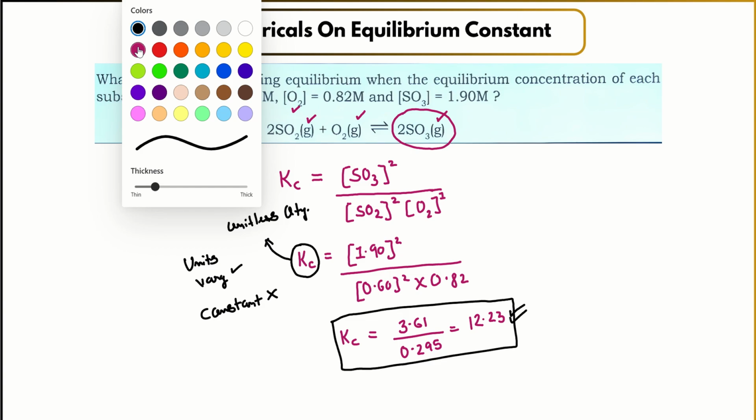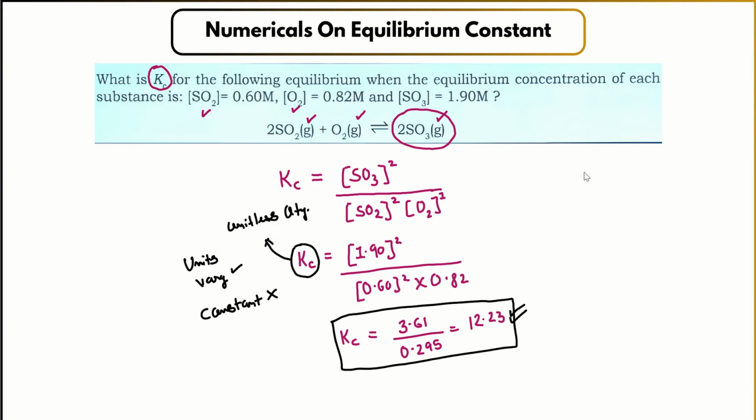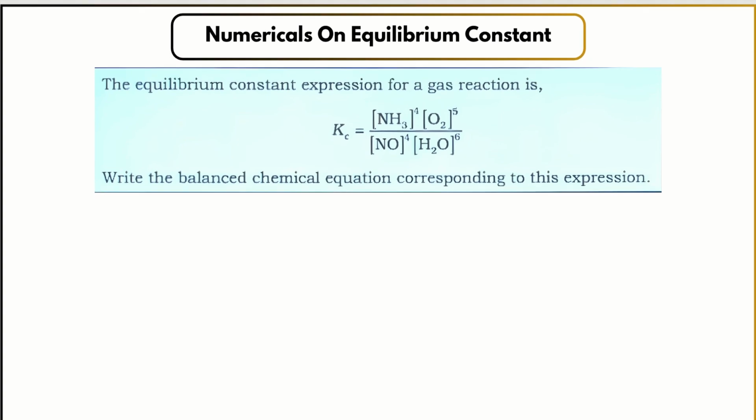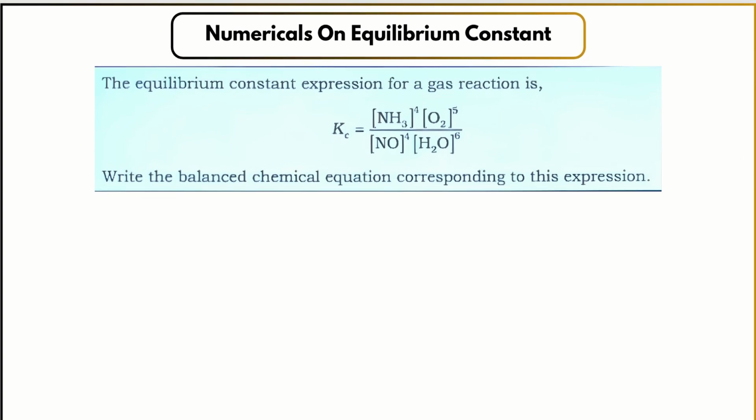Now some other type of questions can also come, in which first of all the question will already give you the equilibrium constant. Earlier what we were doing, we were making the equilibrium constant expression, but here the equilibrium constant expression is given to you for a gas reaction, and you have to write the balanced chemical equation as per this expression.